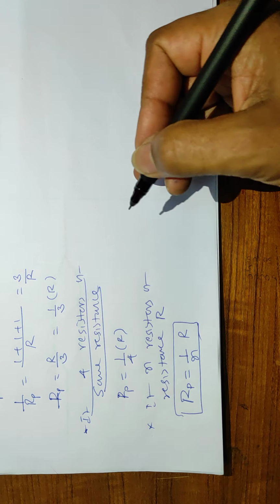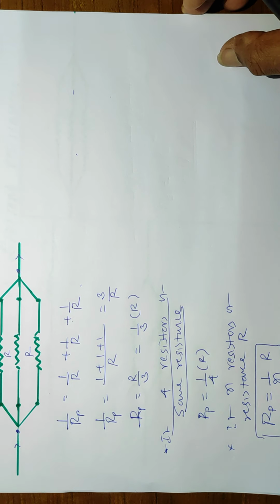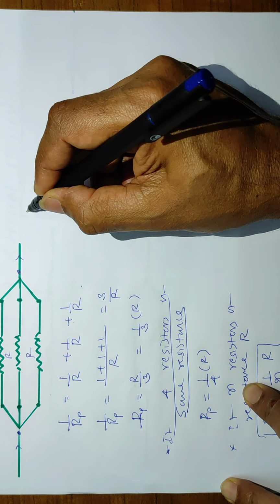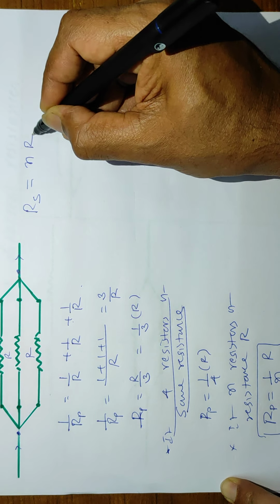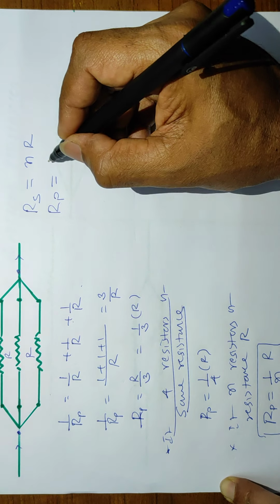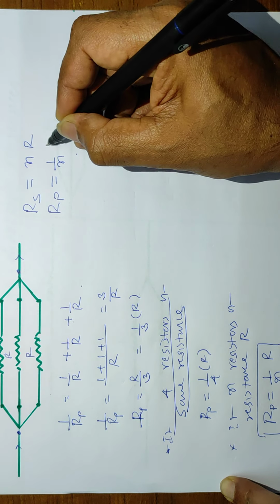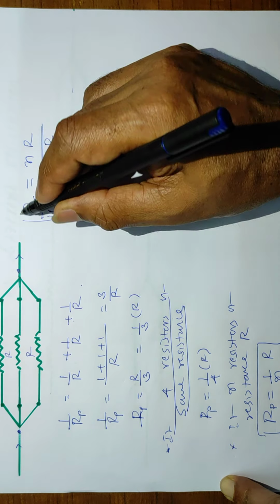So, if the resistors of same resistance are connected in series, Rs is equal to n into R. If they are connected in parallel, the effective resistance is 1 by n into R. This is for easier calculation.